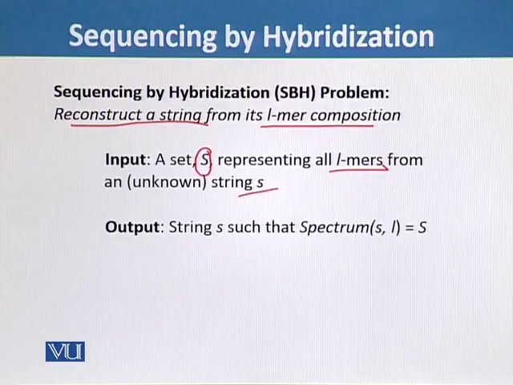The output will be a string S such that the spectrum S_L is equal to the set obtained from the L-mers. So by using this, we can reconstruct a string from the L-mer composition.